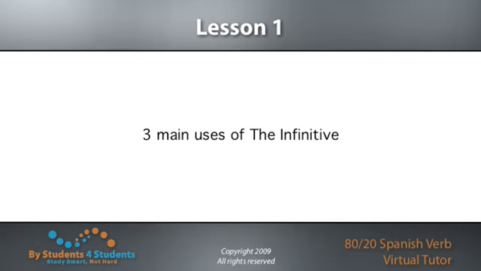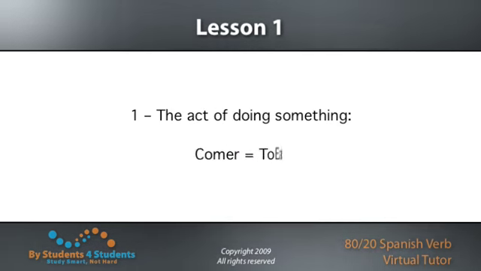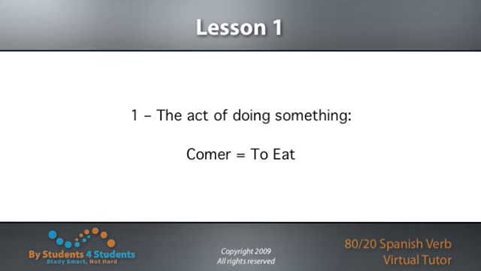There are three uses of the infinitive that you will use at least 80% of the time when communicating in Spanish. Firstly, as I already explained, the infinitive can be used to refer to the idea of doing something, the act of doing something such as "to eat" or comer in Spanish.